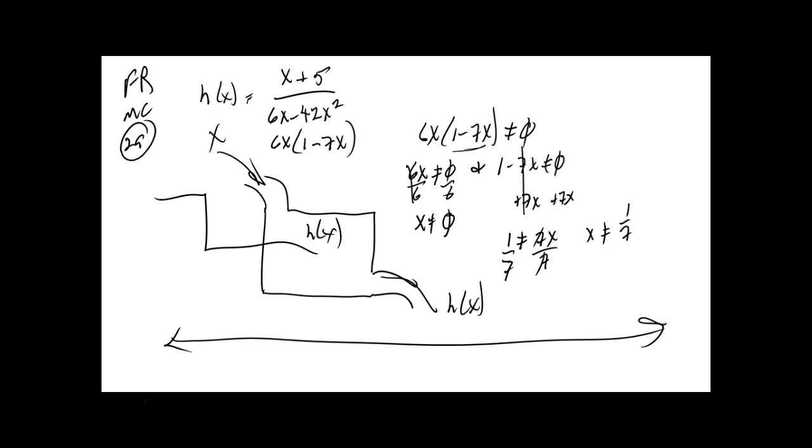And if that can't equal 0, you added 7x to both sides. Somebody told me to. And that gave you 1 cannot equal 7x, right? Then divide both sides by 7. And that gives you x cannot equal 1/7. See? Okay. All right.